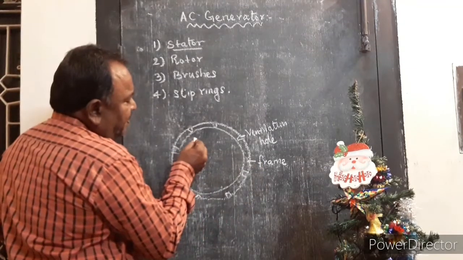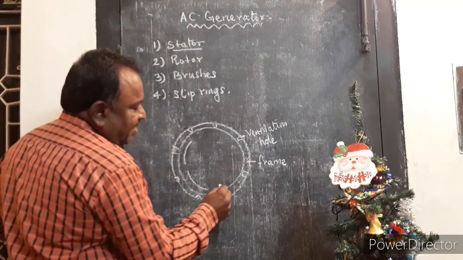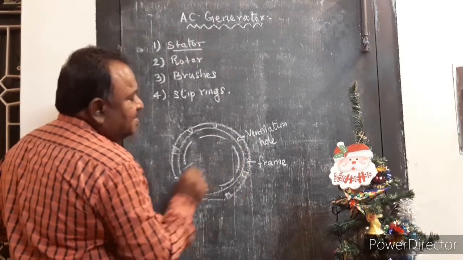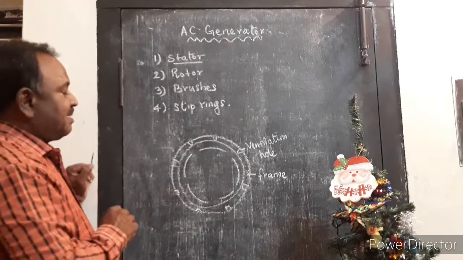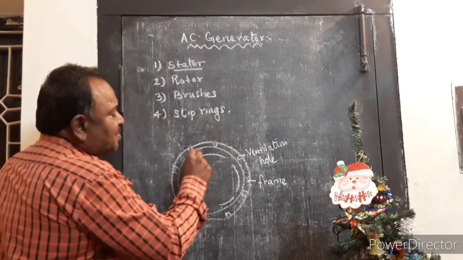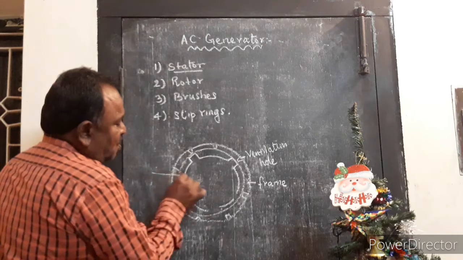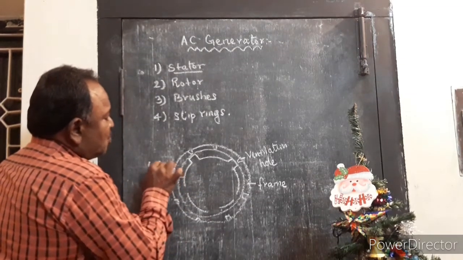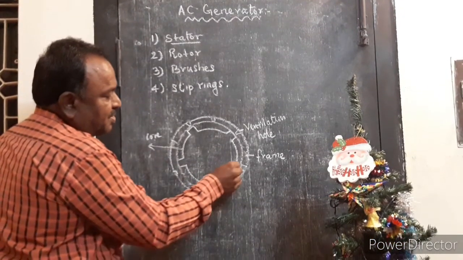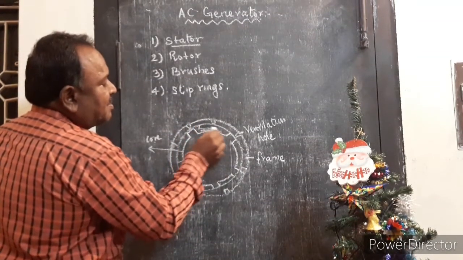Inside this frame, we have the core of the stator. The core of the stator is made up of steel or soft iron. This core will have a large number of slots. This is the armature core. This armature core is made up of iron or steel.